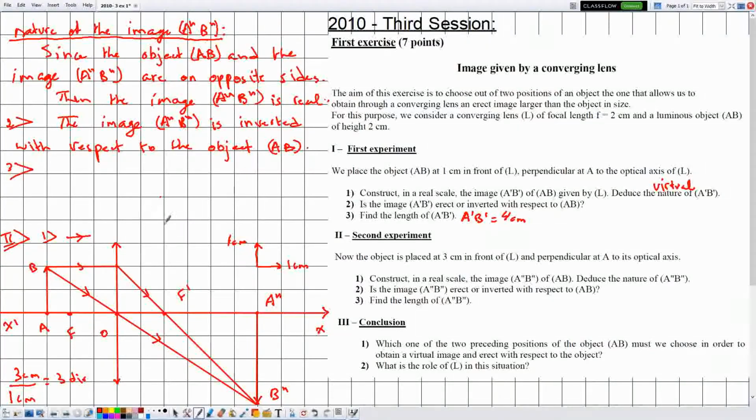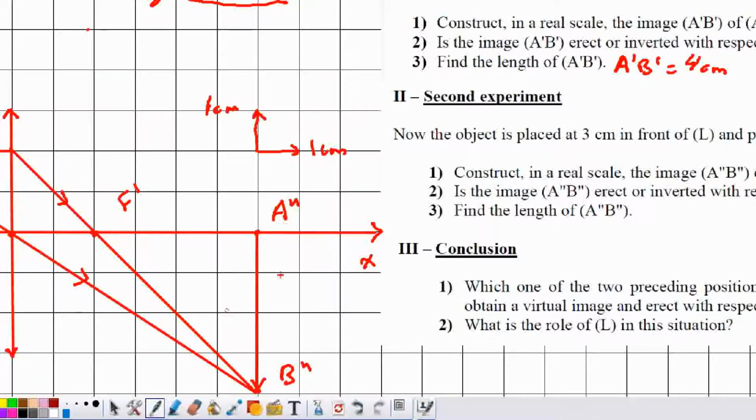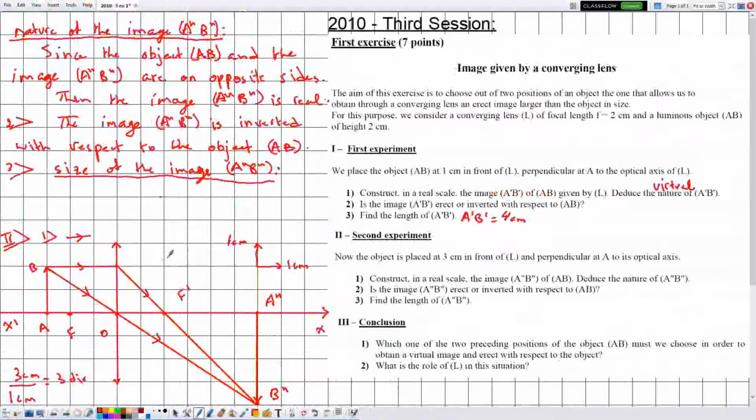Now in part 3 they are telling me find the length of A double prime, B double prime. The length means the size, so size of the image A double prime, B double prime. The image A double prime, B double prime consists of 1, 2, 3, 4 divisions, and we multiply by the scale along which you have counted the number of divisions, which is the scale along the y-axis.